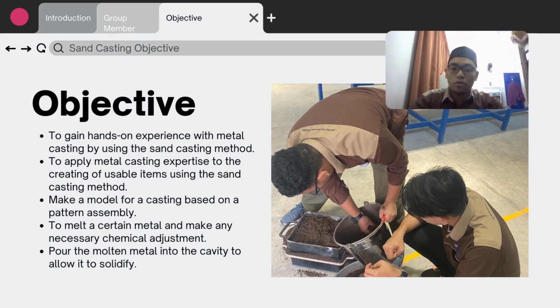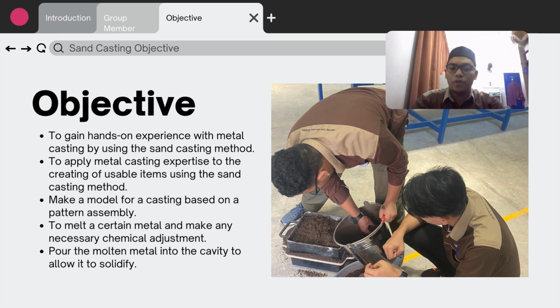Now, let's go to the objective of sand casting. There are five objectives. The first one is to gain hands-on experience with metal casting by using the sand casting method. Second, to apply metal casting expertise to the creation of usable items using the sand casting method.